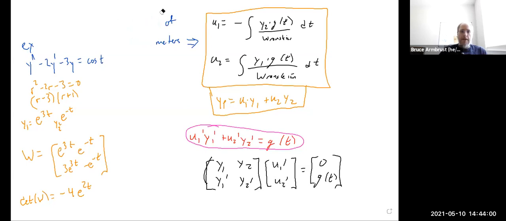All right, so let's plug it into variation of parameters. So u1 is going to equal negative integral of y2, e to the minus t, times g, cosine of t, divided by the Wronskian.